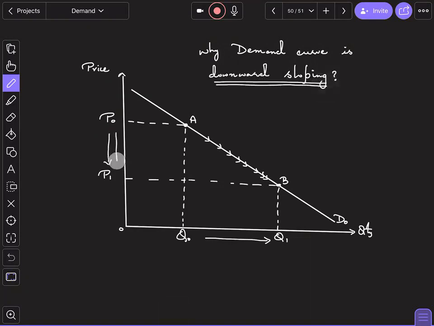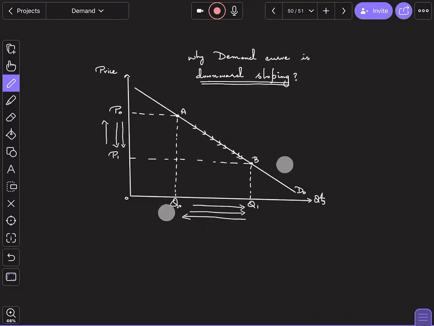As the price goes down, the quantity demanded will increase, or if the price increases, the quantity demanded will fall from q1 to q0. So we have this downward sloping demand curve, or this inverse relationship, because of two factors, two reasons.